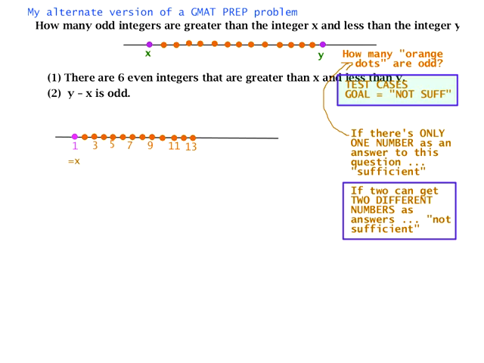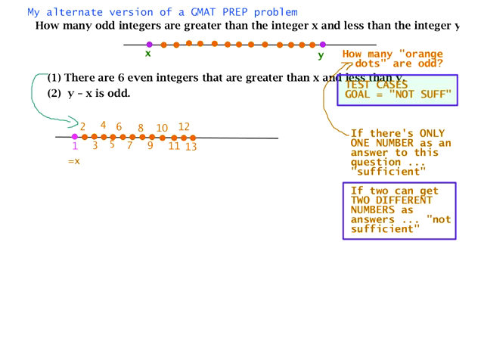And then those are not odds, those are evens. So the evens are 2, 4, 6, 8, 10, 12. So this satisfies the constraints. These are our 6 even integers.